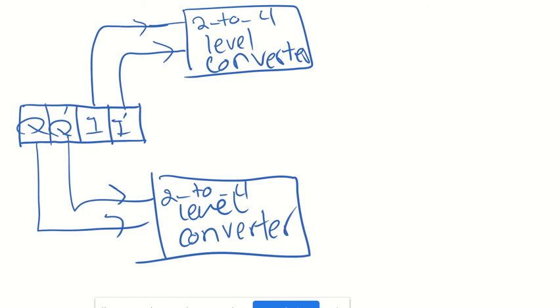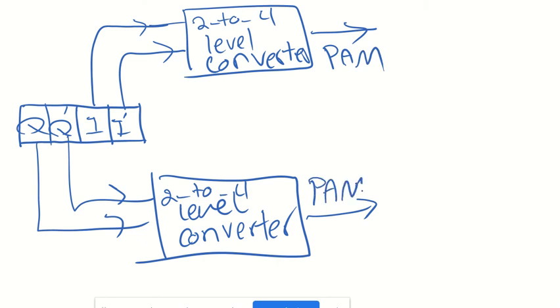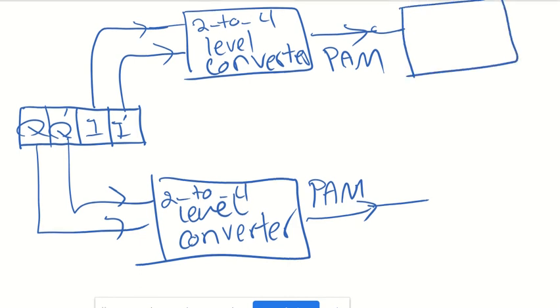Okay, and then what comes out is called PAM because it's phase amplitude modulation. It comes out, and as you know by now, it has to sit on a carrier to go, so there's a modulator here.